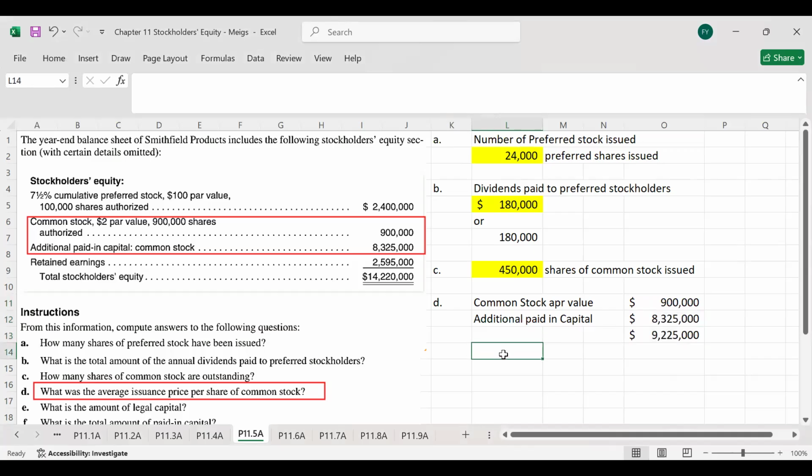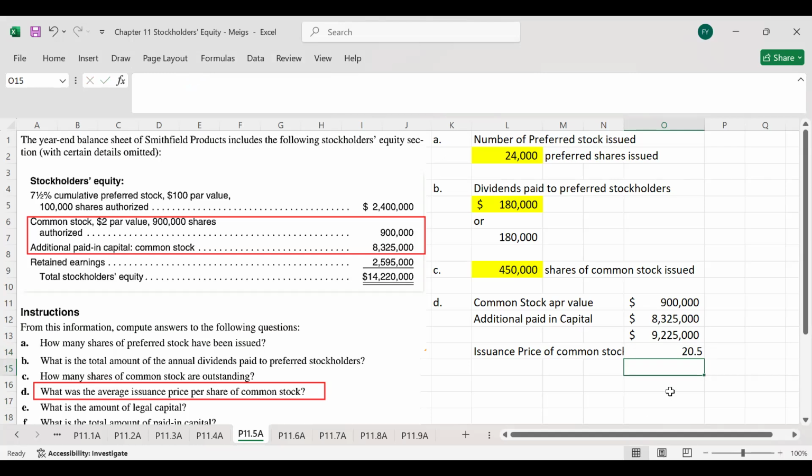So the issuance price of common stock can be calculated in this way: 9.225 million divided by the total number of common shares issued, you can see 450,000. So divide by this 450,000. So $20.5.